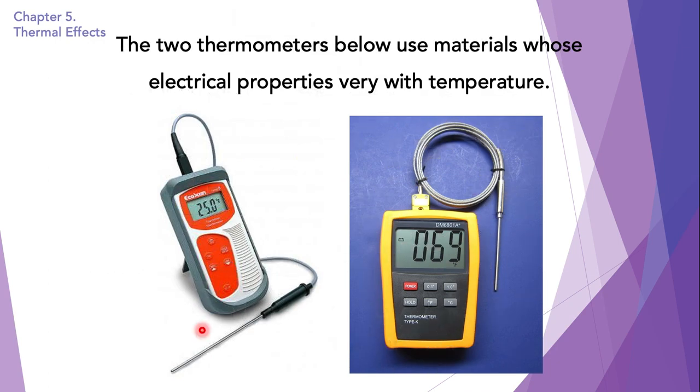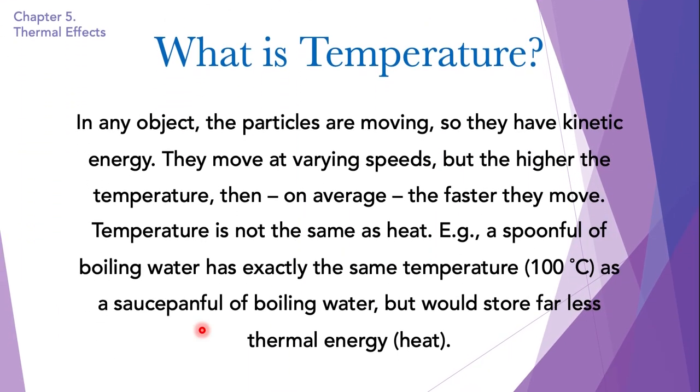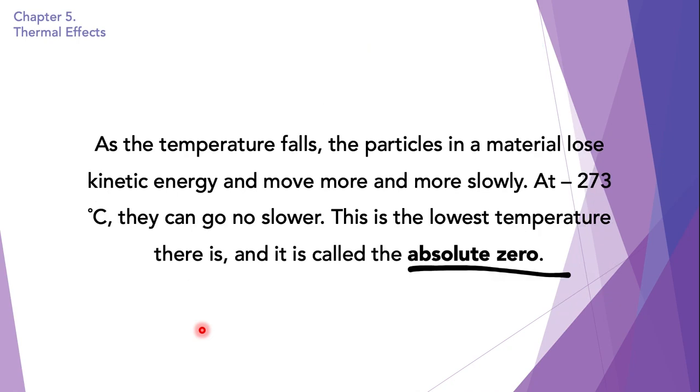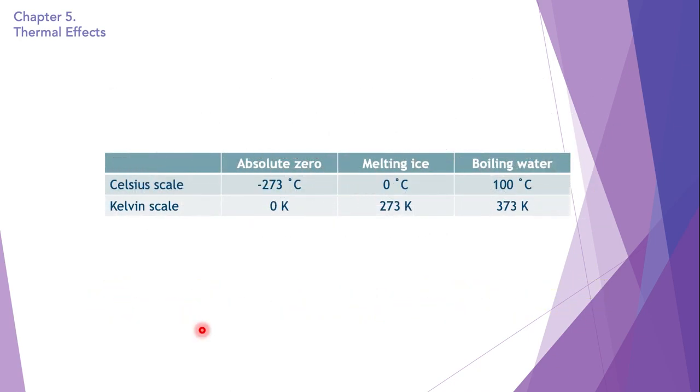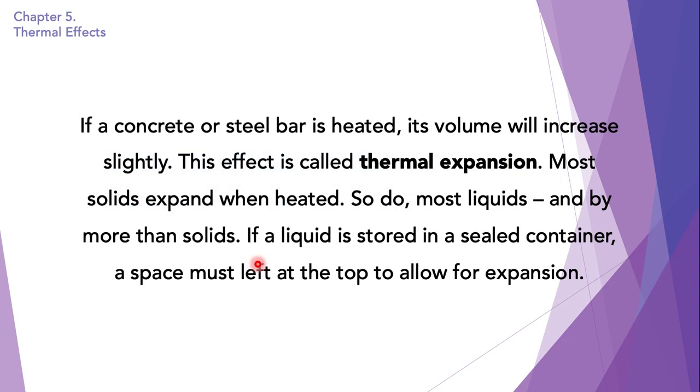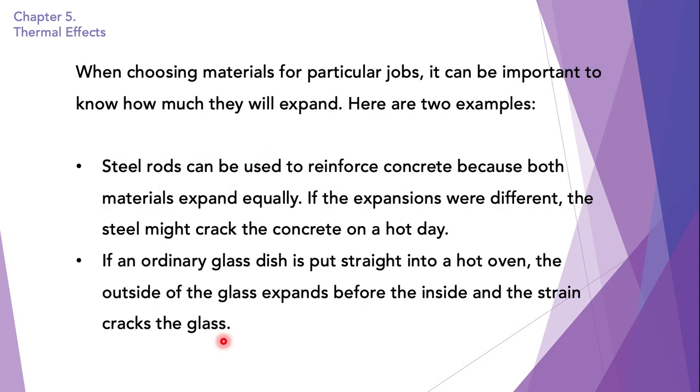We understood two different thermometers here as well, electrical, which have electrical properties. After this, we understood what temperature is. We understood the Kelvin scale, and we differentiated between the Celsius and Kelvin scales. Then we understood thermal expansion and how it can be important to know how much materials will expand when we are choosing them for particular jobs.